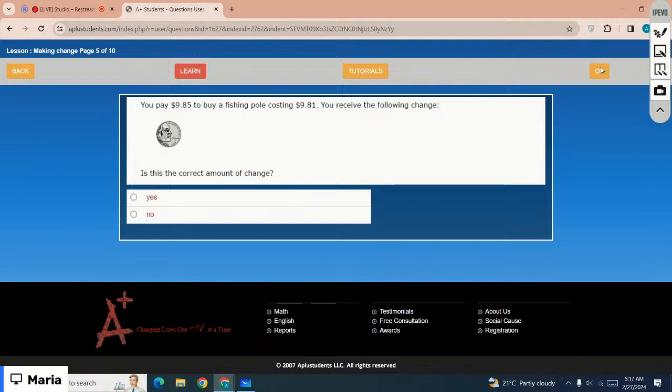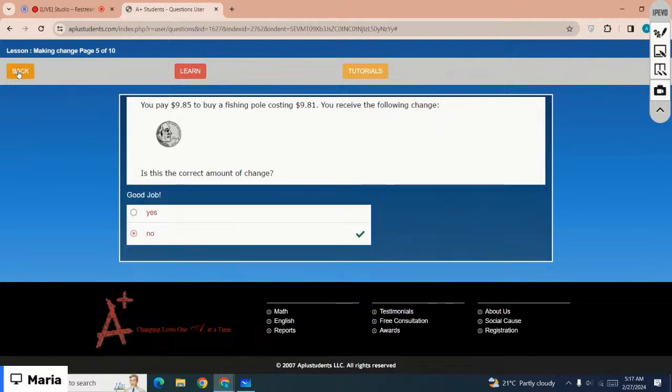The correct option is, we are working on the chapter money. The lesson we are on right now is making change. The correct option is no, because you must have 4 pennies, and that is not 4 pennies. Okay, you can complete the lesson by yourself.